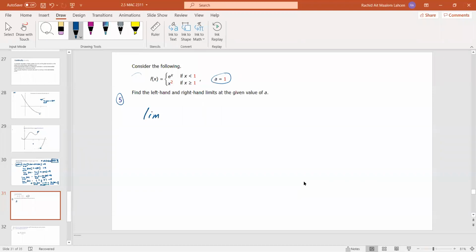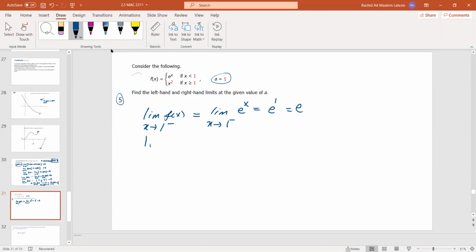So the limit of f of x as x approaches a, left-hand side, because a is given as 1. Well, the limit from the left-hand side is going to be e to the x, which is e to 1, which is e.